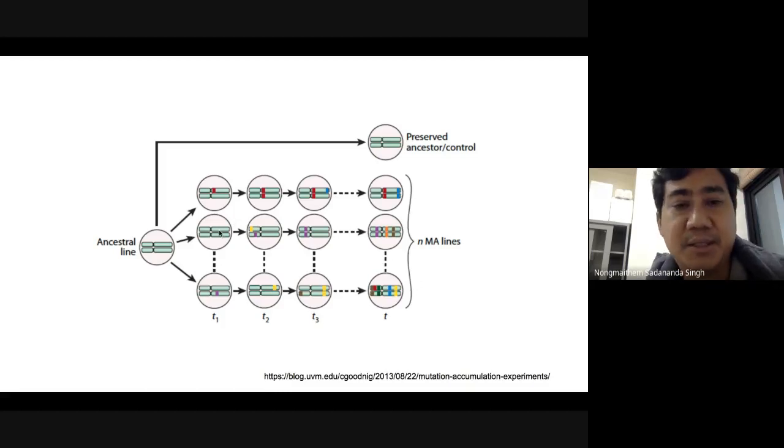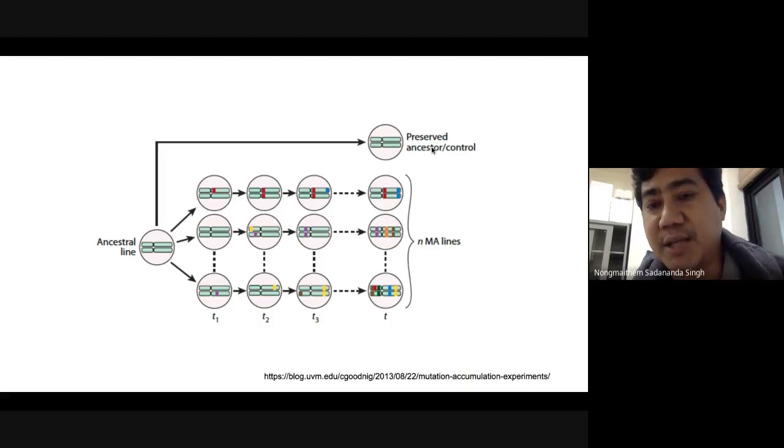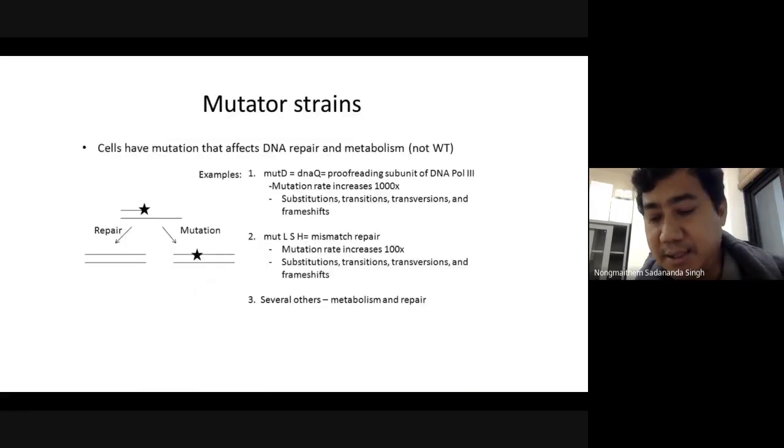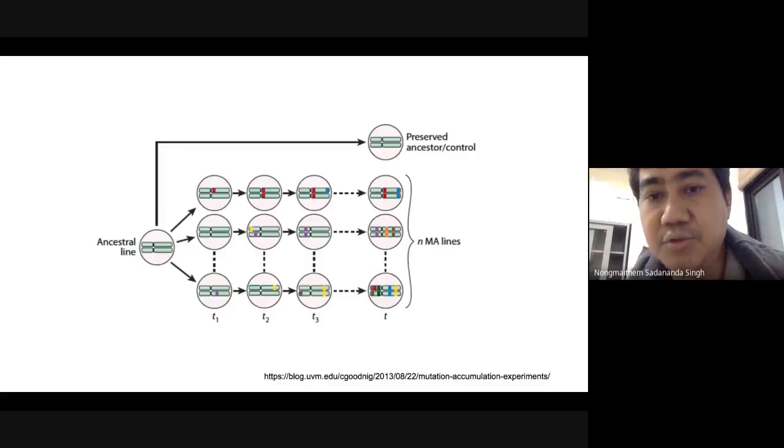For example, each individual in a population is allowed to accumulate mutations, and after some time you compare with the ancestral sequence and see how much mutation has accumulated, and from there you can calculate a mutation frequency. So those are the two methods of mutation frequency calculation.